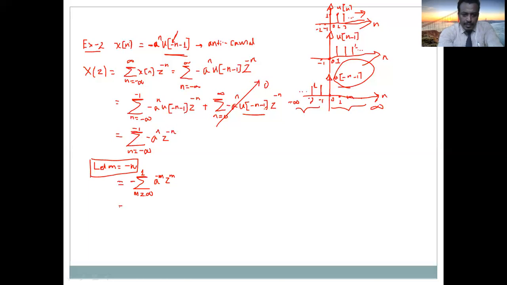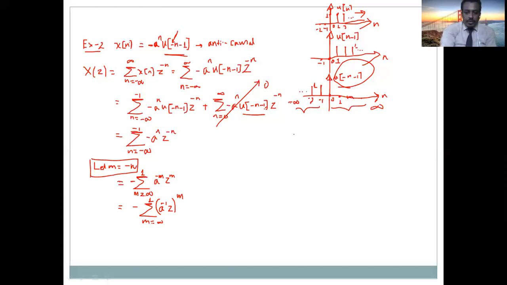Now we can write this summation over m from 1 up to infinity, taking m common: a to the power of minus 1 z.